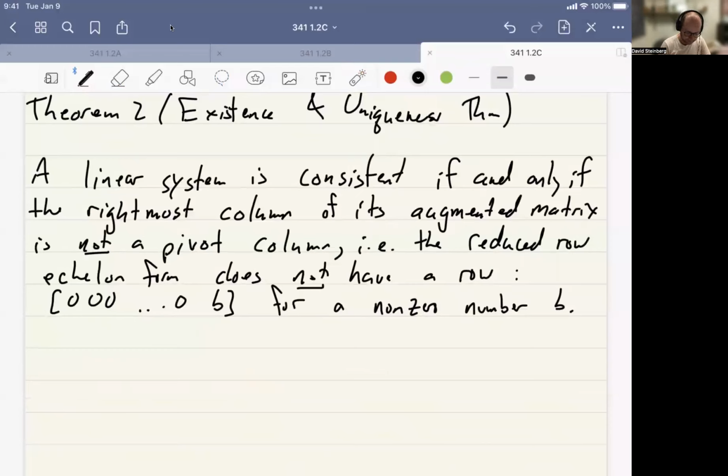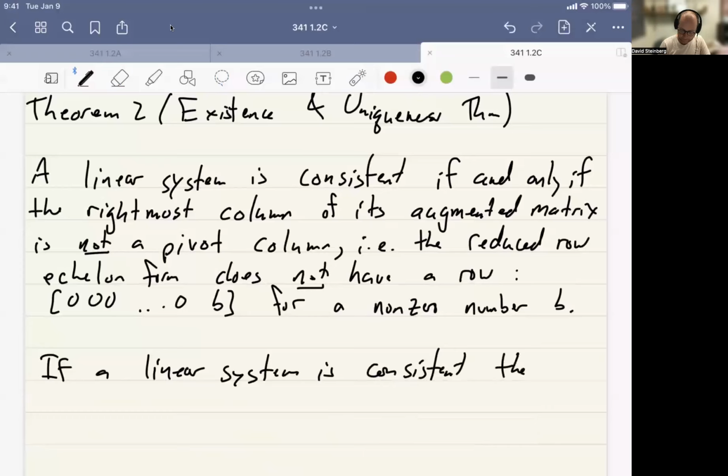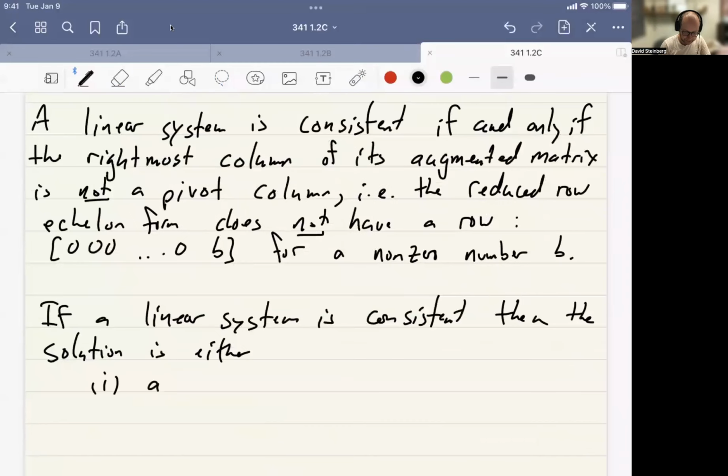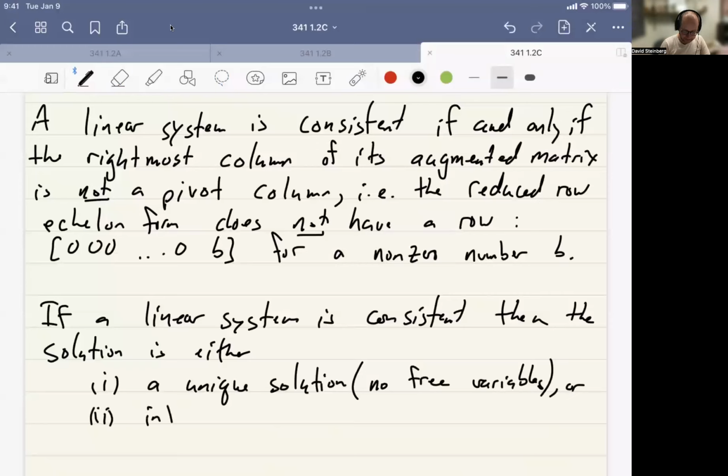So let's write this down. If a linear system is consistent, does have a solution, then the solution set is either a unique solution, and this is the case when there are no free variables, or infinitely many solutions.